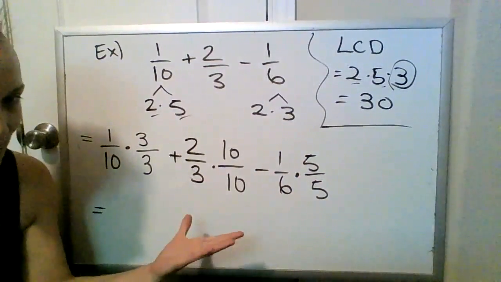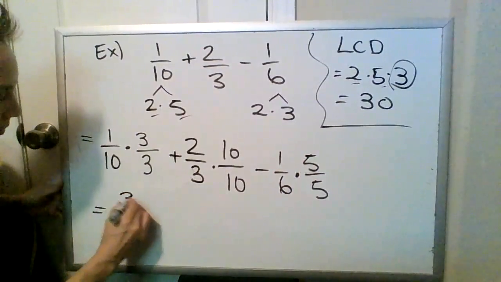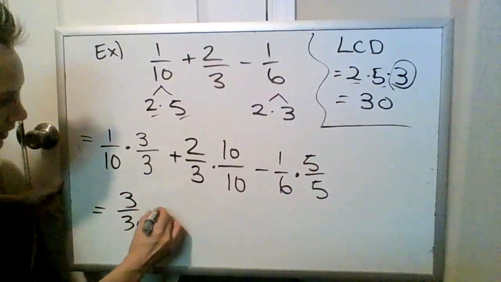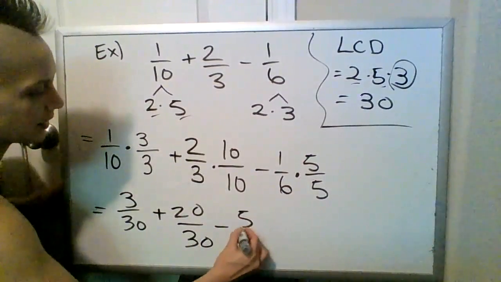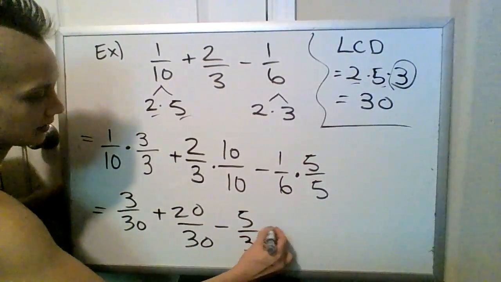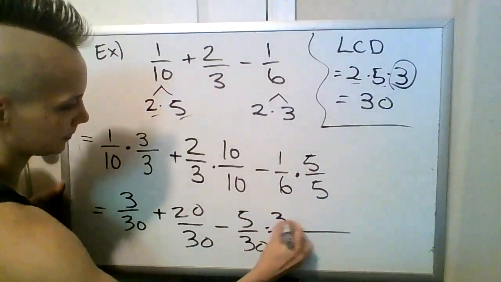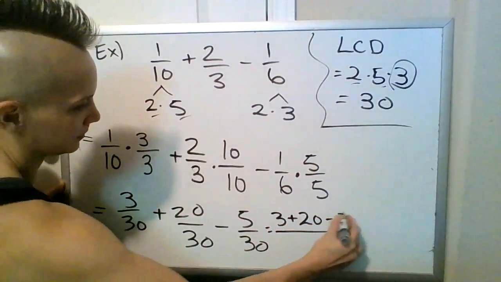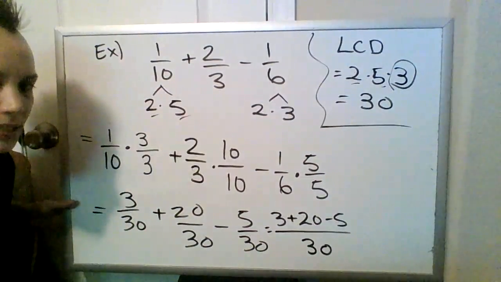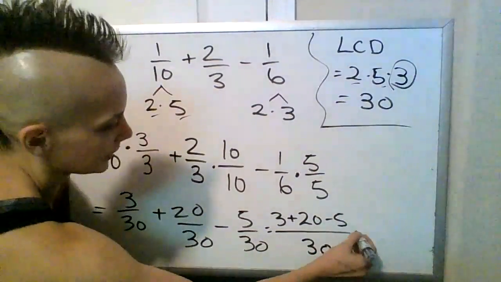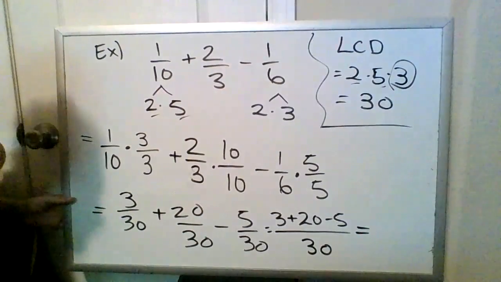Okay, so that LCD was 30, and we have 3 over 30, 20 over 30, and 5 out of 30. Put everything over the LCD, and I have 18 out of 30.